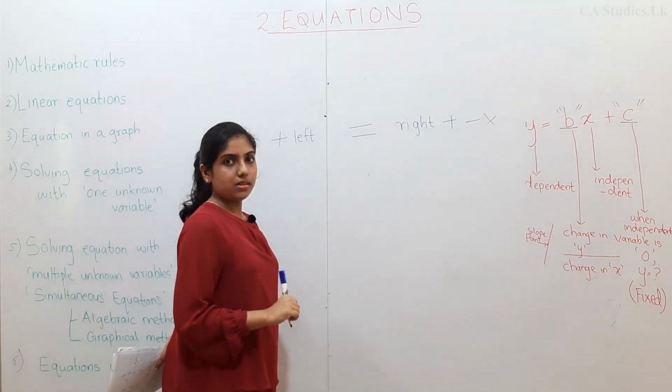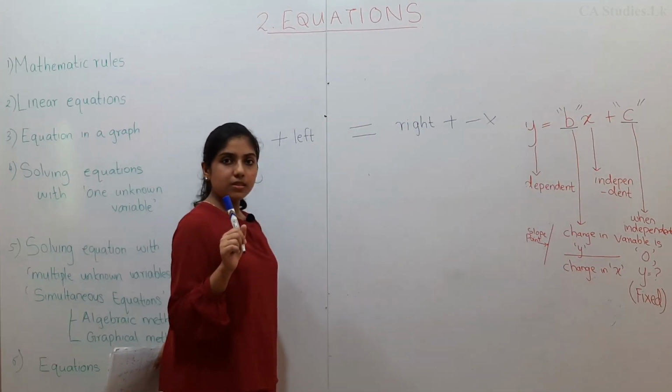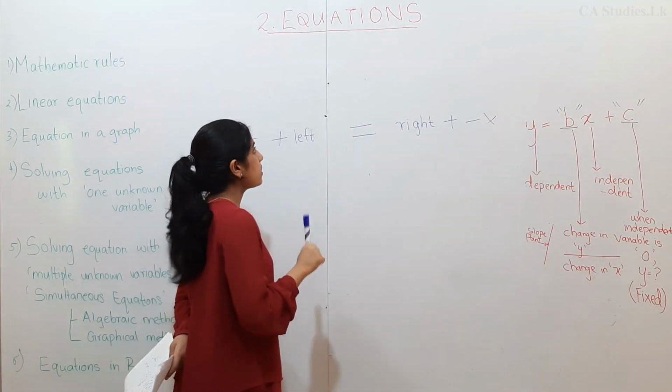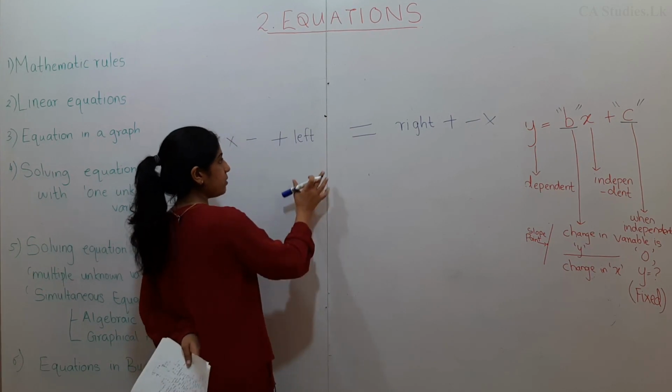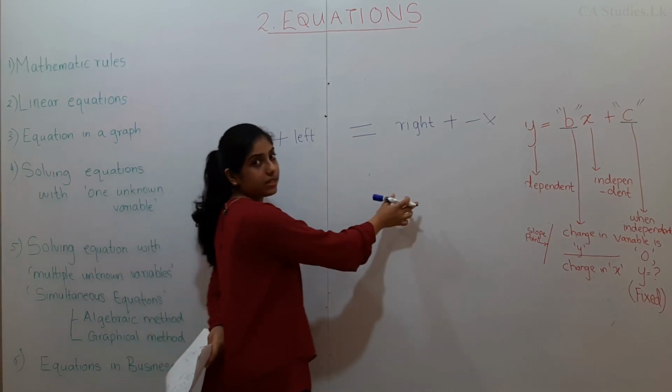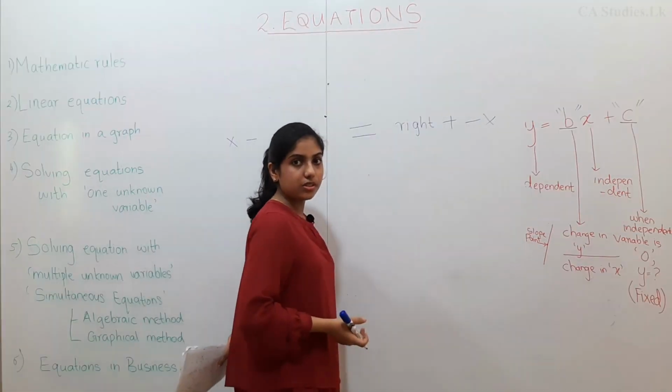Main thing. Second thing is one unknown variable. The one unknown variable can be on the left side or the right side, so that depends on the question.